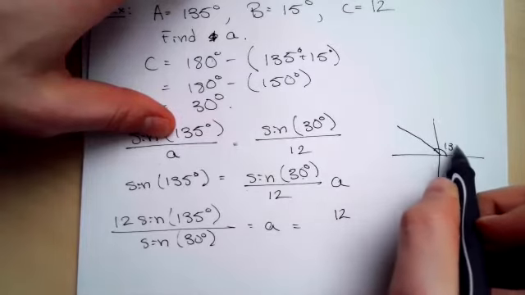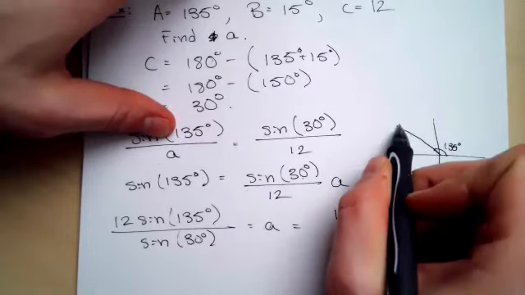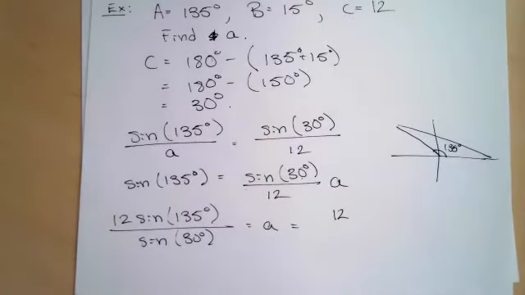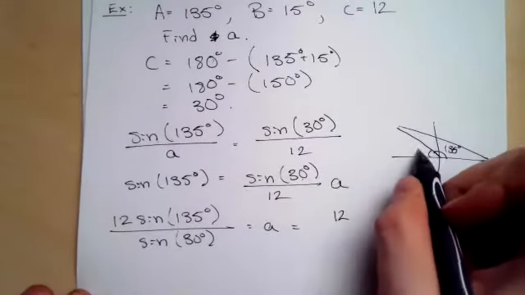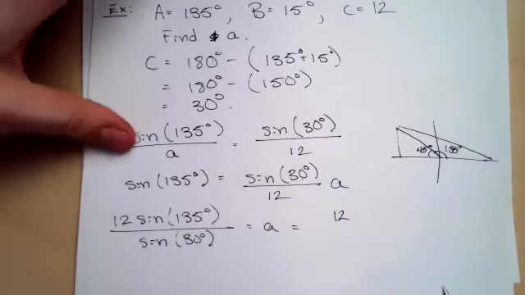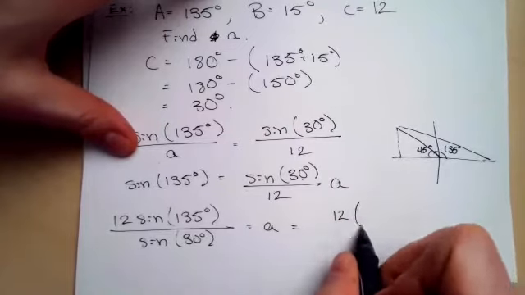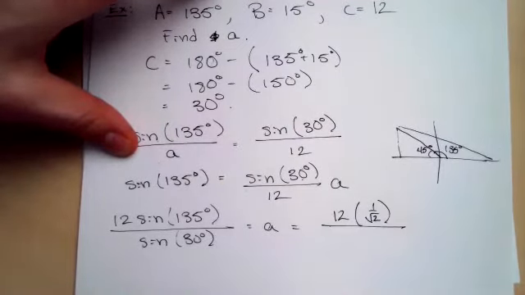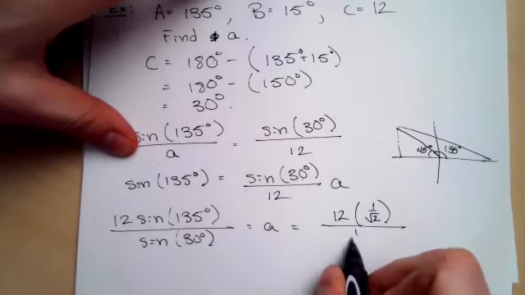So that's our 135 degrees. And since the reference angle is 45 degrees, sine of that is going to give me 1 over square root of 2. Sine of 30 degrees, go ahead and look at our reference sheet, we get 1/2.